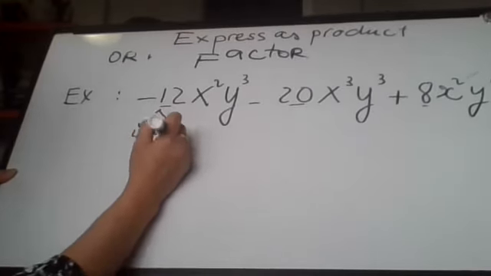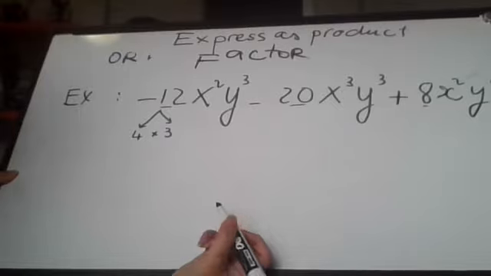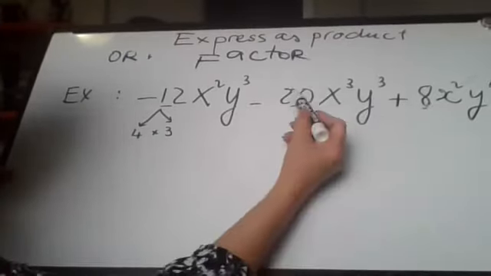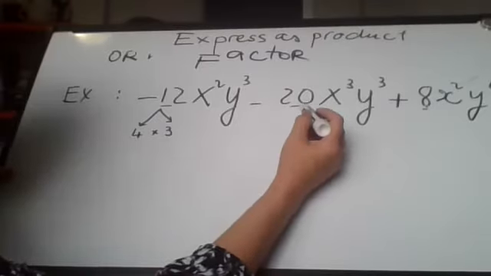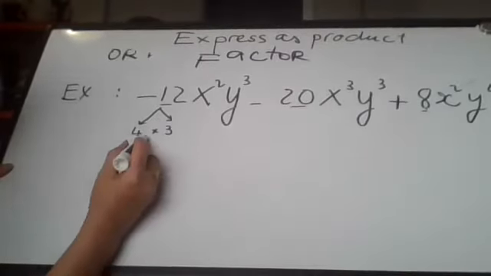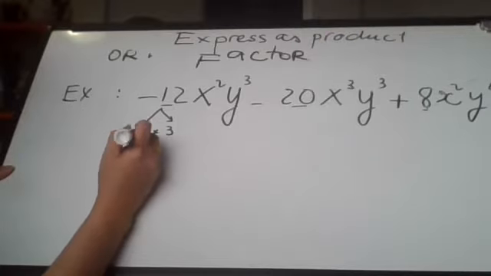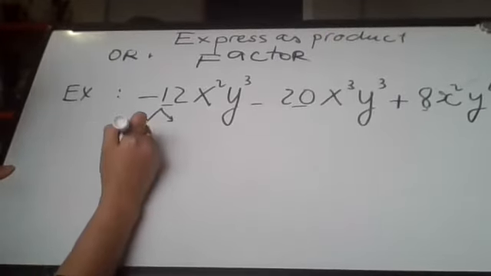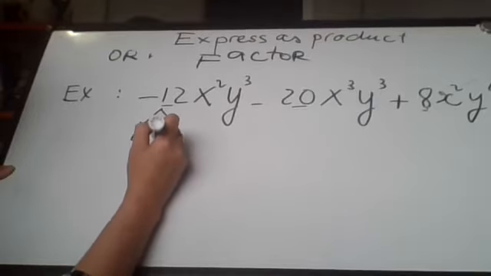And why do I choose 4 times 3 instead of 6 times 2? Because I know I don't have a 6 in this term. I also cannot make a 6 in this term. So I'm going to choose the product which is common in all of them.